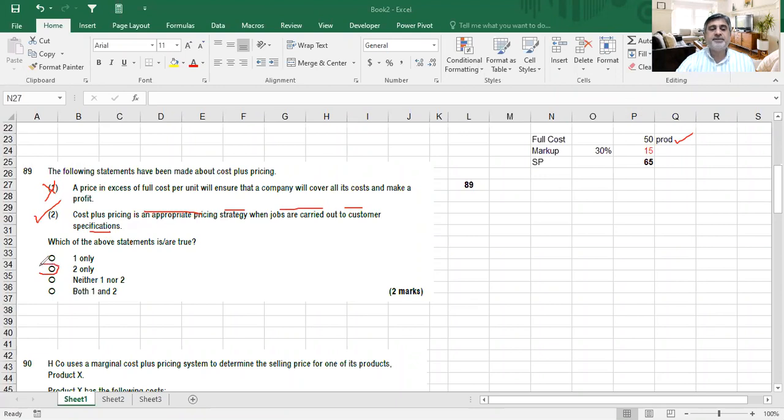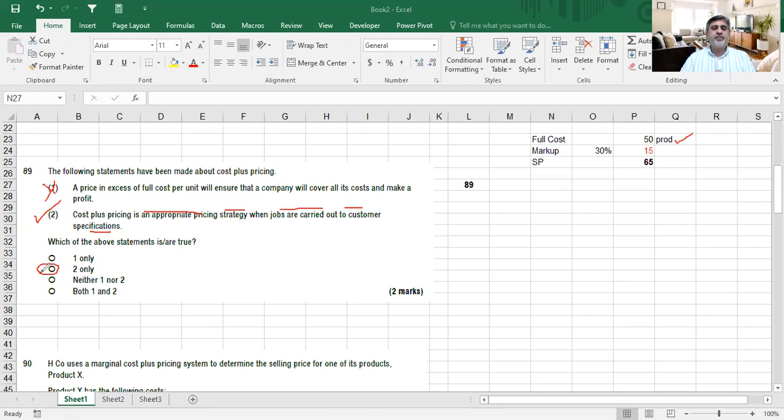It is appropriate when you carry out some jobs or orders on the request of a customer. Customer says, I want this product in this much design, or this is the design of the product, whatever. And then you can charge it to the customer because you are doing it according to the requirement of the customer. And then all of the cost customers should be bearing.